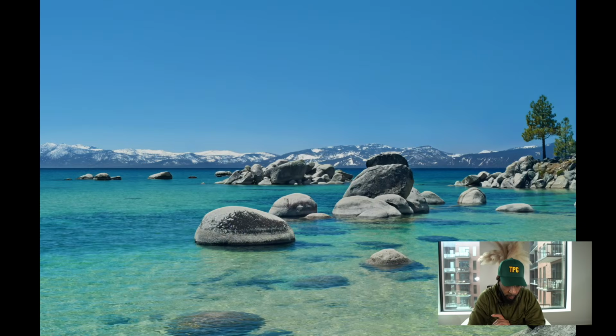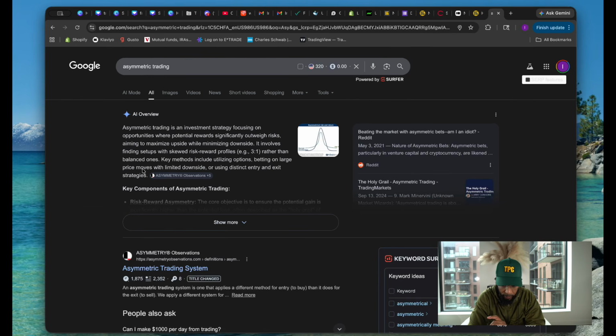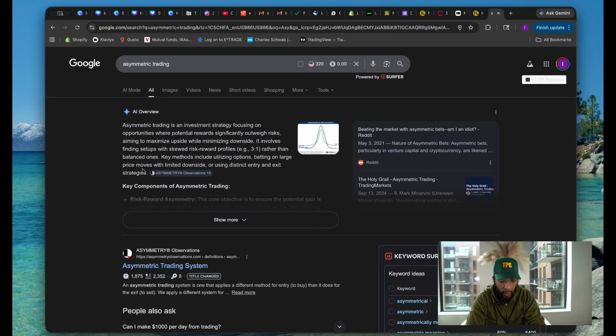Okay, watch this. Now, boom, right? Asymmetrical trading: an investment strategy focusing on opportunities where potential rewards significantly outweigh risks, aiming to maximize upside while minimizing downside.